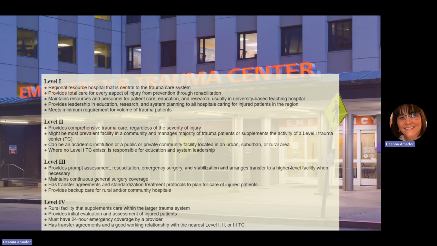There's not a lot of hospitals that are actually a level 4. In the Valley, there are a nice handful of level 1 trauma centers, but do know there's certain criteria to make them a level 1, level 2, level 3, or a level 4 trauma center.